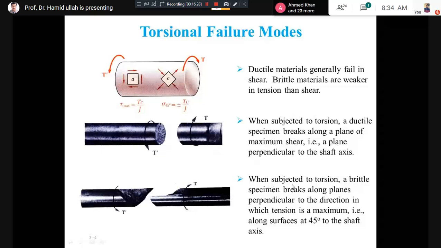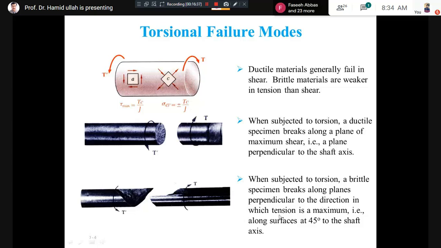When subjected to torsional load, a brittle material will fail along a plane perpendicular to the direction in which tension is maximum. In this case, when tension is maximum, you can say sigma tensile, the normal stress, will be maximum. And on what plane is normal stress acting?